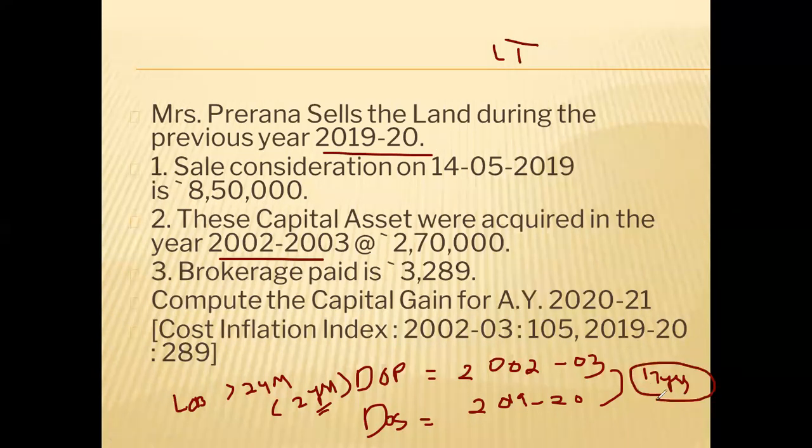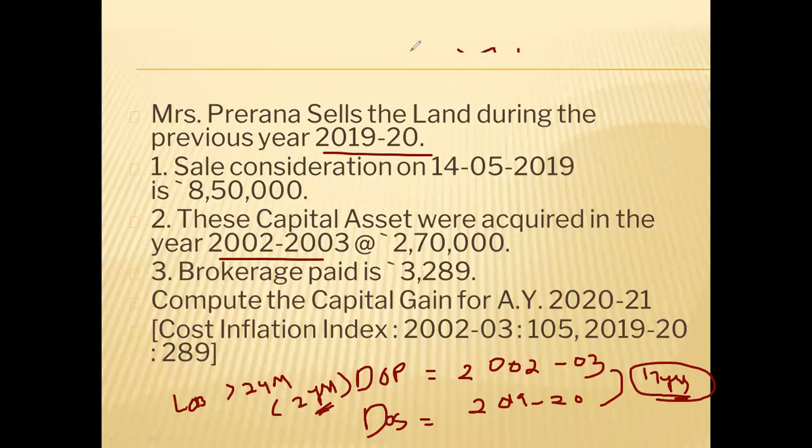For land and building to become long term, it should be held for 24 months, that is 2 years, 1 day. So here it is 17 years, which is much more than the needed condition. So obviously this will be a long term capital gain.